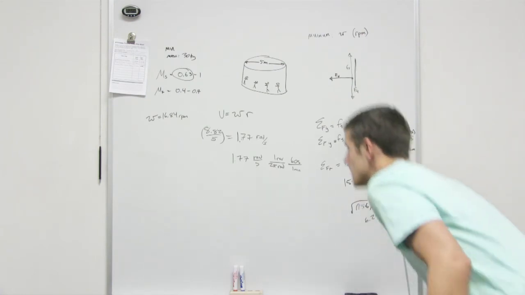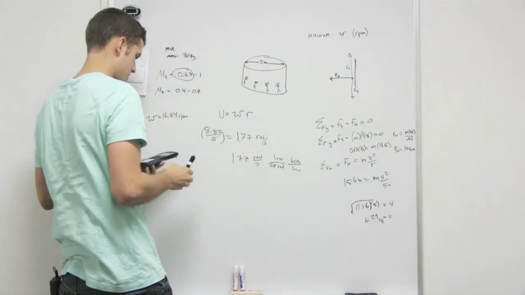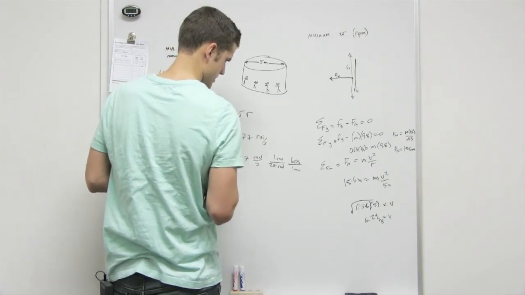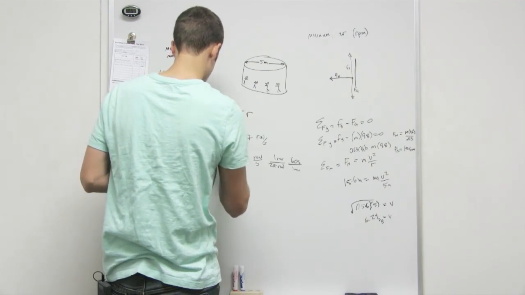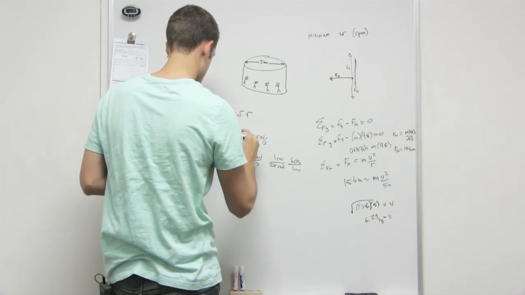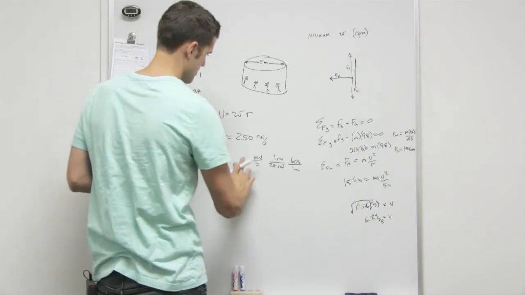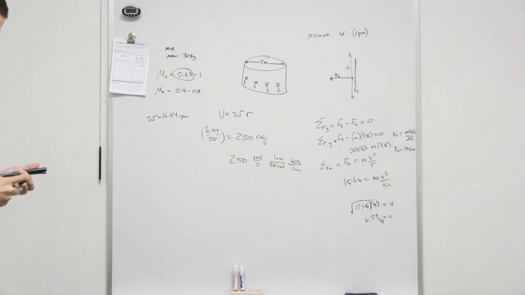And then 6.24 divided by 2.5. Okay, so we get 2.496, 2.5.